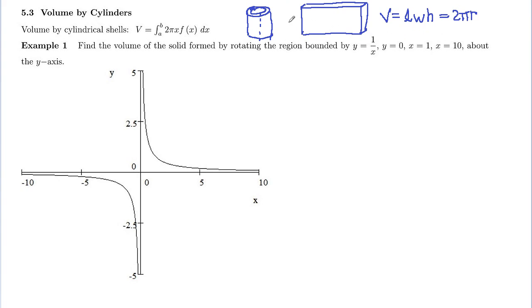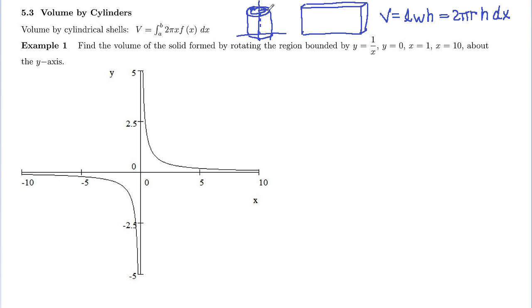And then the width right here, that's going to be your height, which is going to be your f of x, so 2 pi r h. And then your height here, that's going to be the thickness. So we could call that dx if we wanted to. So here, 2 pi x, x is going to be our radius because we're going to be rotating around an axis here, and then your radius is going to be an x coordinate.